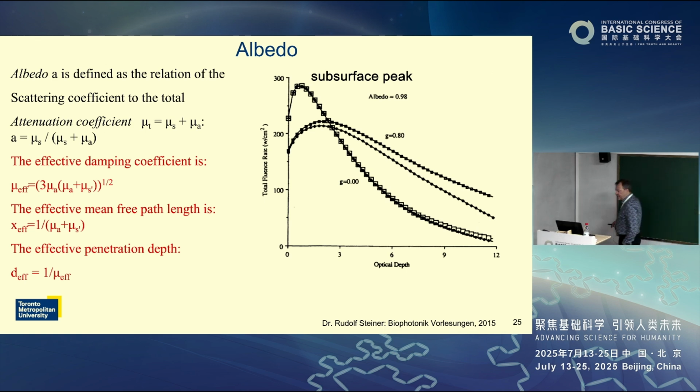Because of the scattering, we have a phenomenon in biological tissue of a certain trapping of the photon. If we send the light inside the skin, it may form a so-called subsurface peak. It means that the fluence under the skin, when light enters, becomes higher than the incident light.